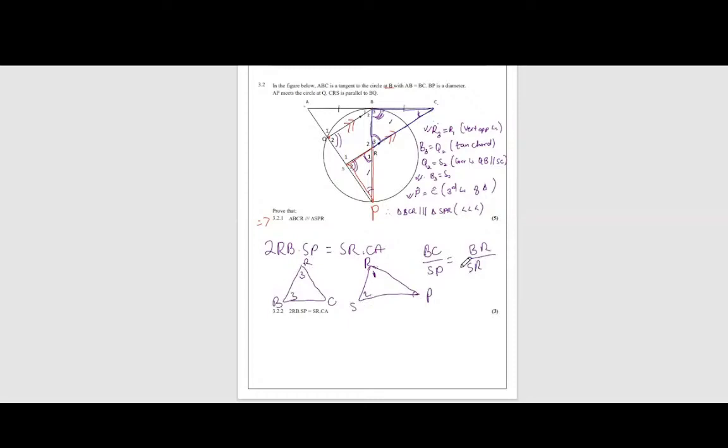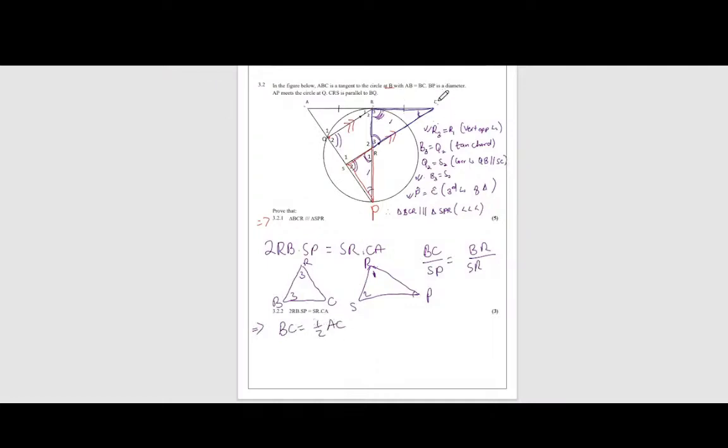The reason for that is the similarity, or the angles that are in proportion. It's the proportionality theorem.